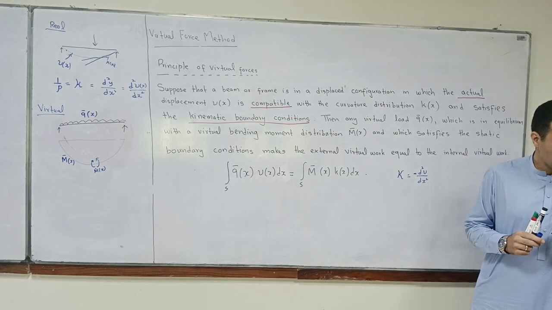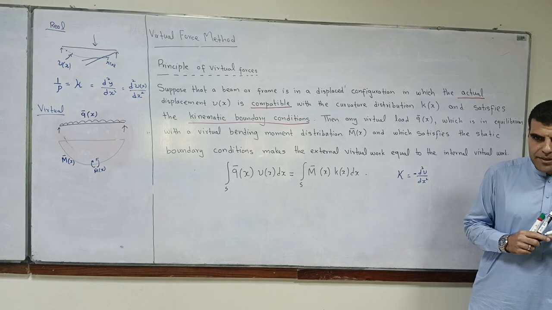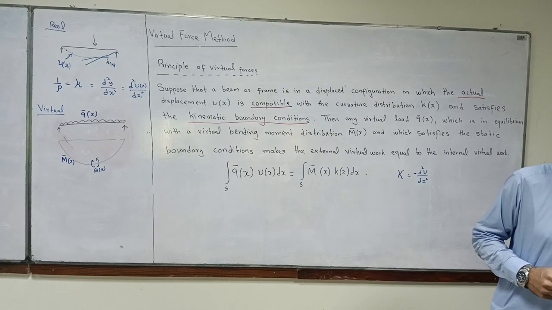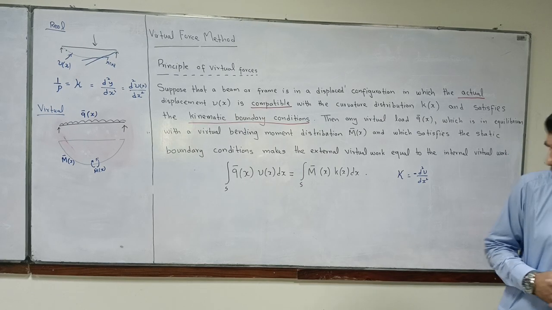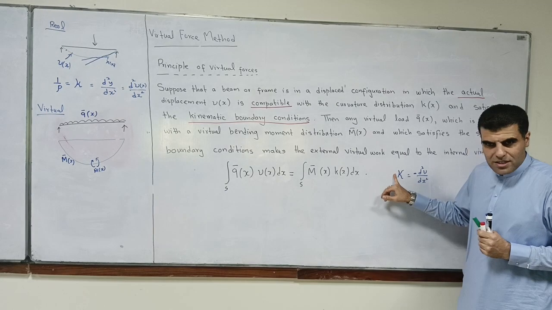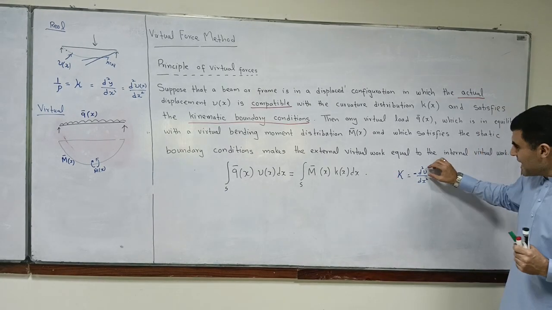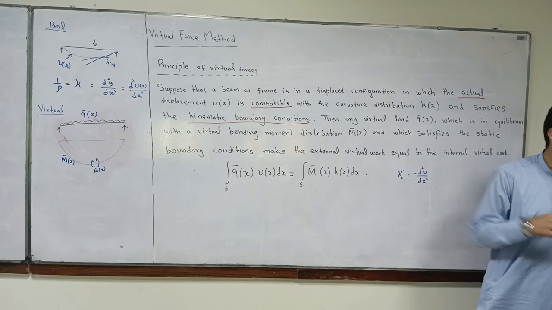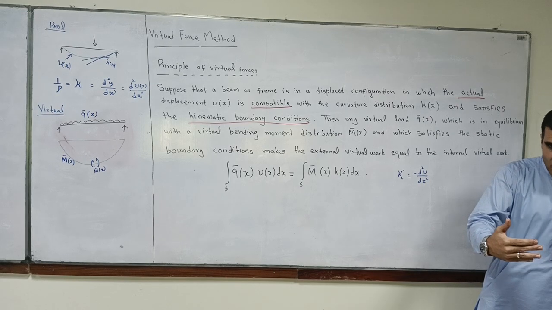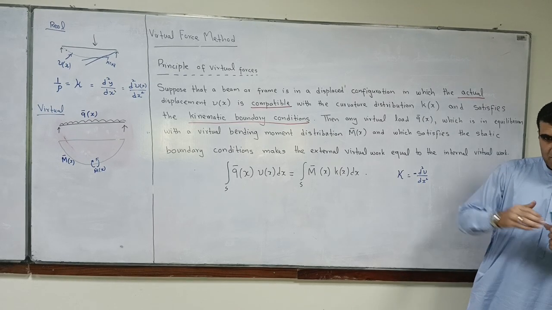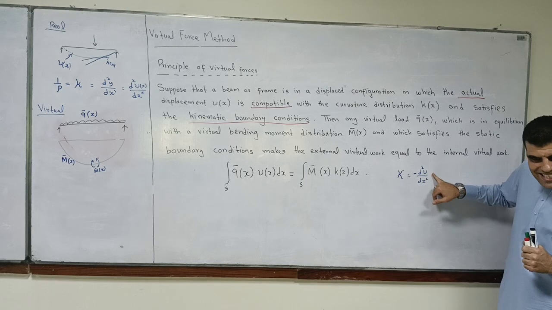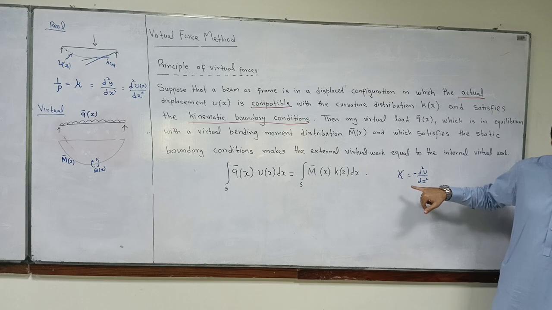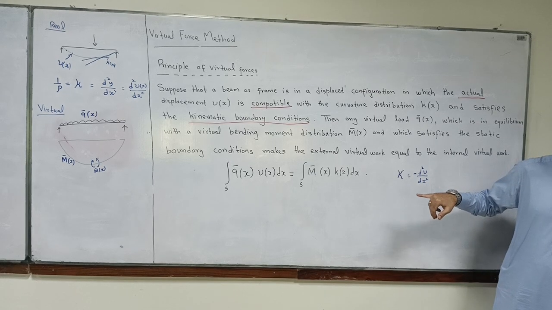Why can I put a negative over here? Look, dv by dx, as you move in the direction of x, is it increasing or decreasing? It's decreasing. So dv by dx is decreasing as you move in the x direction. So that's why I can put a negative over here. Do you understand my point? Yes, sir.